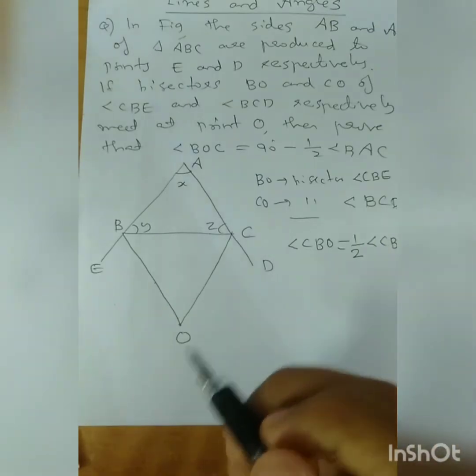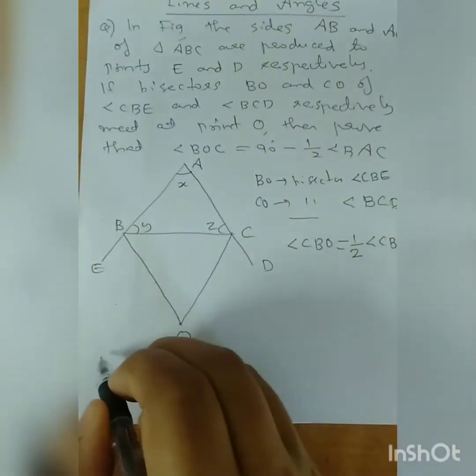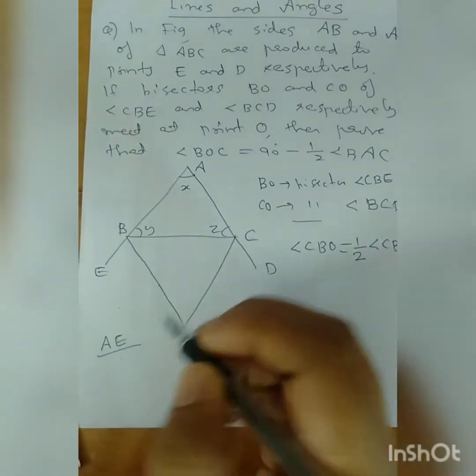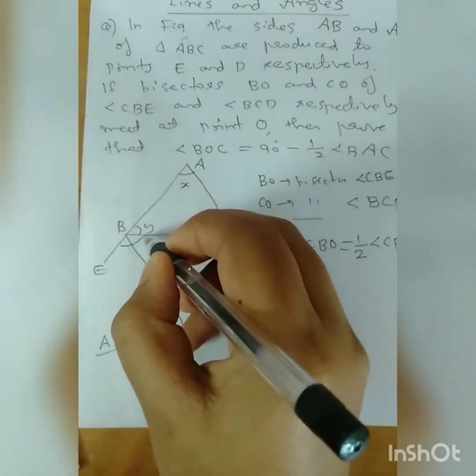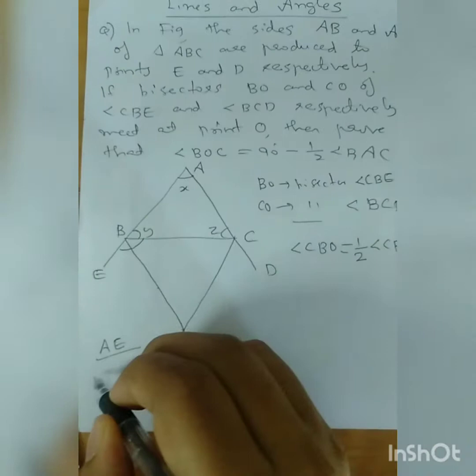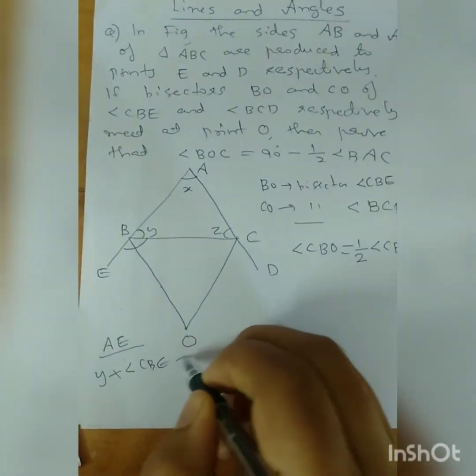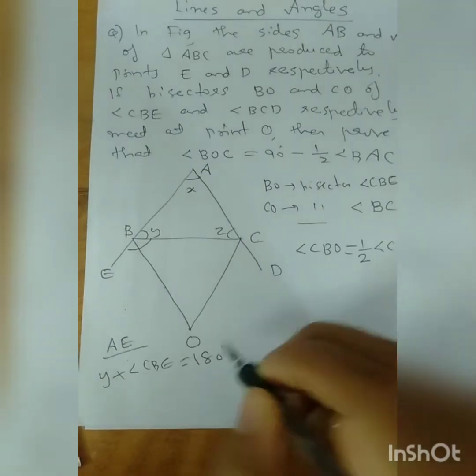Then we know that AE is a straight line, then the sum of these two angles, that is angle Y plus angle CBE, is equal to 180 degree.